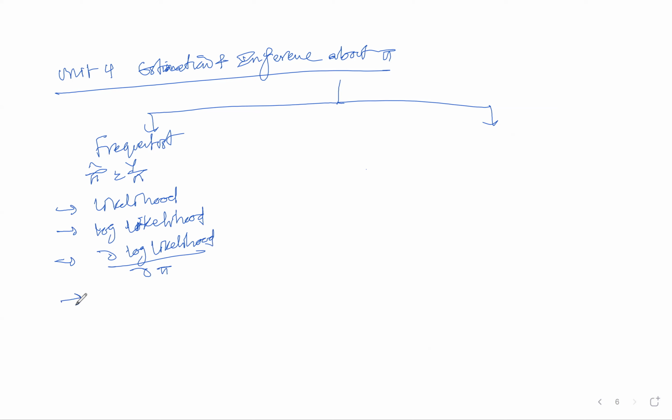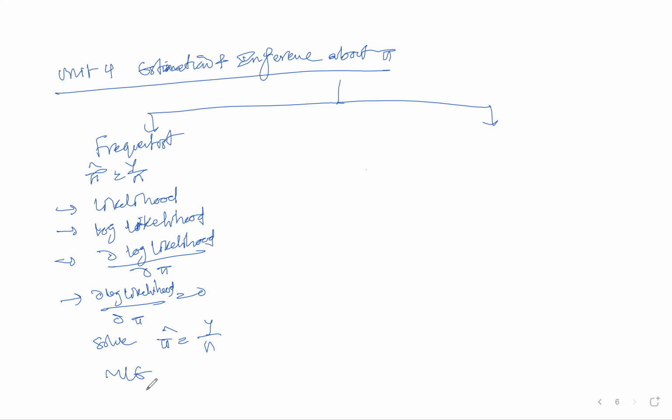Fourth step, you set this equal to 0. The derivative of the log likelihood with respect to pi, set equal to 0, and then solve. You will find pi hat equals y divided by n. I showed you this in the lecture notes. This is called maximum likelihood estimation.